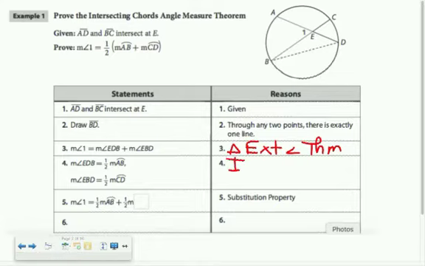That's the inscribed angle theorem, which says that the measure of an inscribed angle is half of its intercepted arc.